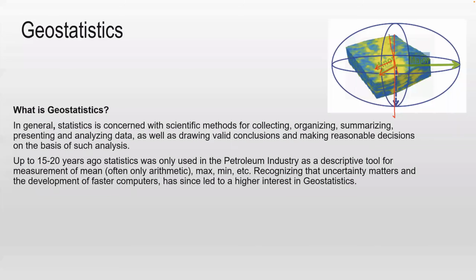But along this one, we have a major range because they are very similar over a very long distance. So in the variogram or geostatistics, we want to analyze the data, organize the data, and after that find the major, minor, and also vertical range.